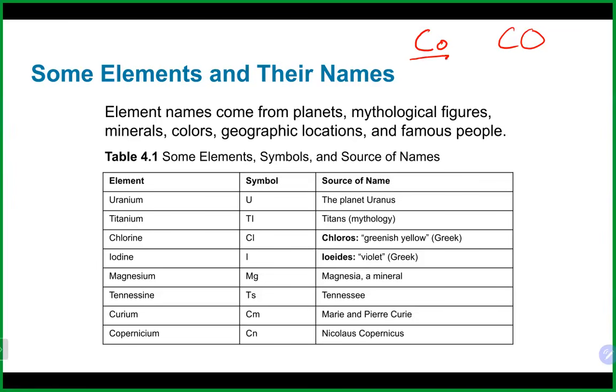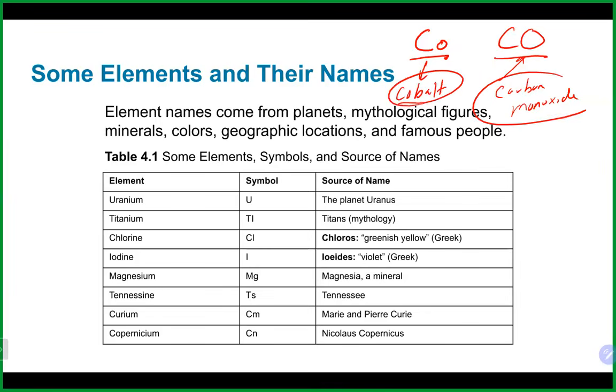Capital C, lowercase o is the element cobalt. Capital C, capital O is the molecule or compound known as carbon monoxide, which is very different than cobalt. So you may be actually saying something you're not meaning to if you capitalize both of them. So again, this is carbon monoxide, and that is cobalt.